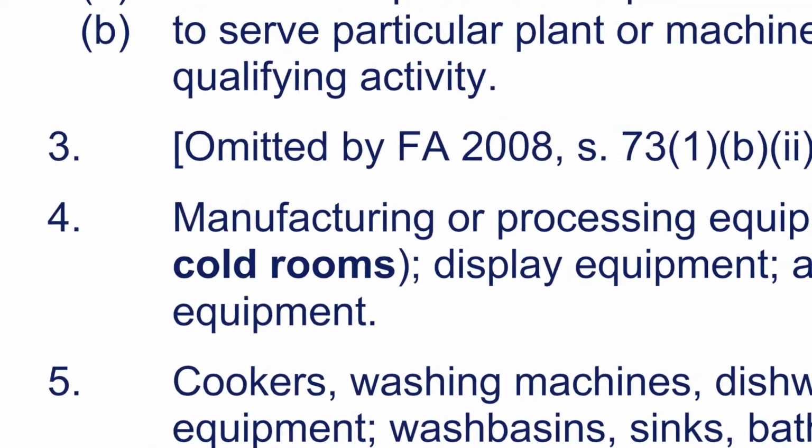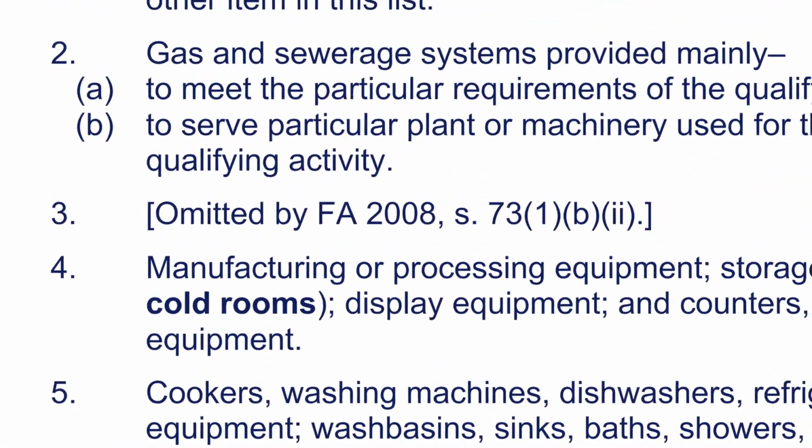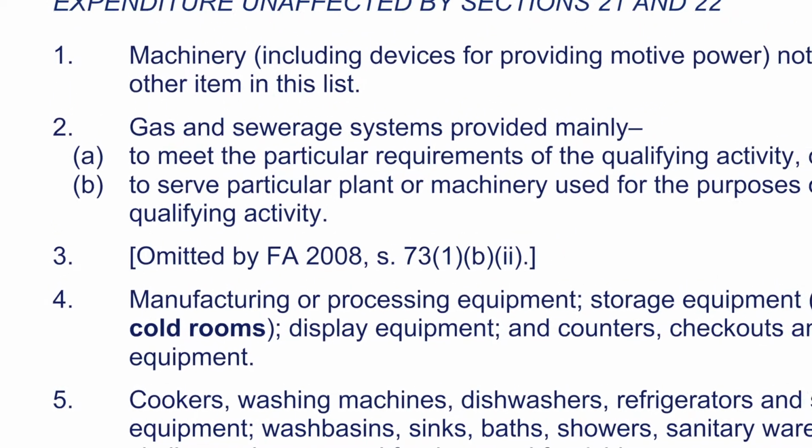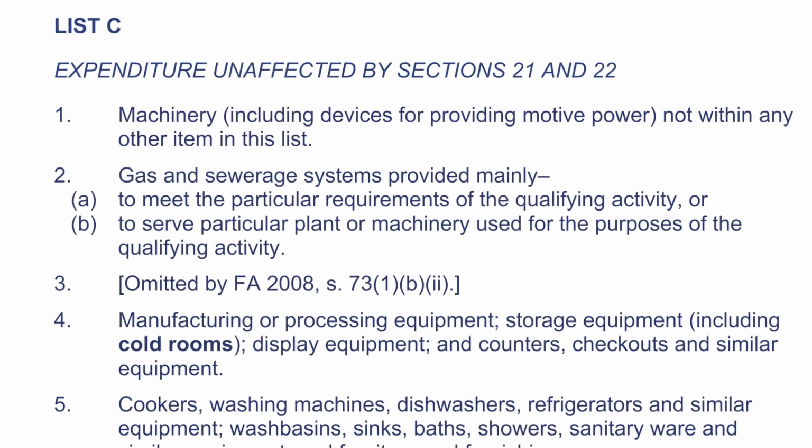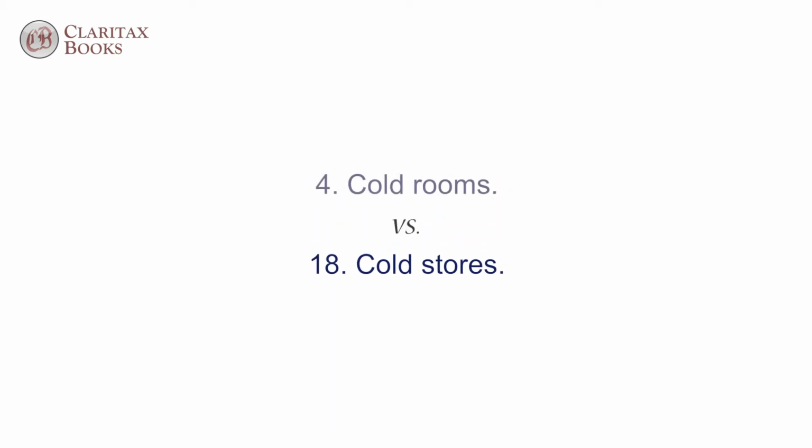Item 4 at List C in section 23 specifically refers to a cold room, so we can stop worrying about the section 21 restriction as it no longer applies. Incidentally, item 18 also refers to cold stores, and whether there is any real distinction is not immediately apparent.